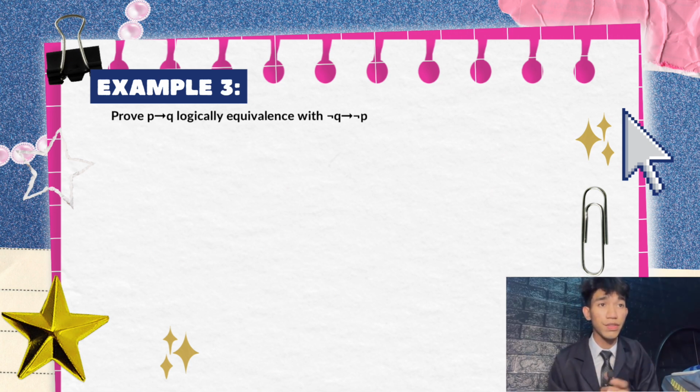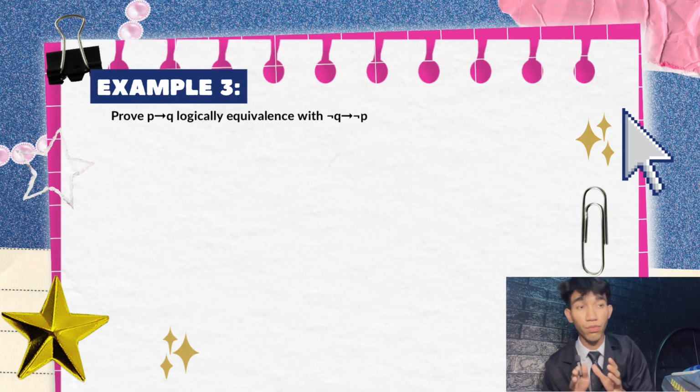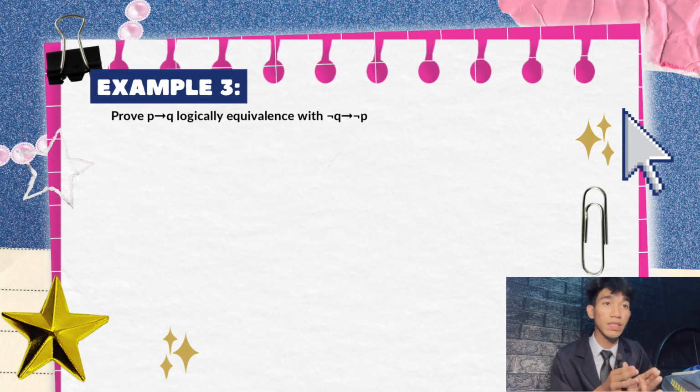For example 3, to prove that P implies Q is logically equivalent with negation Q implies negation P, firstly we use the definition of implication, which is from P implies Q, we change to negation P or Q, and then we use the commutative law to change it, and lastly we use the definition of implications.